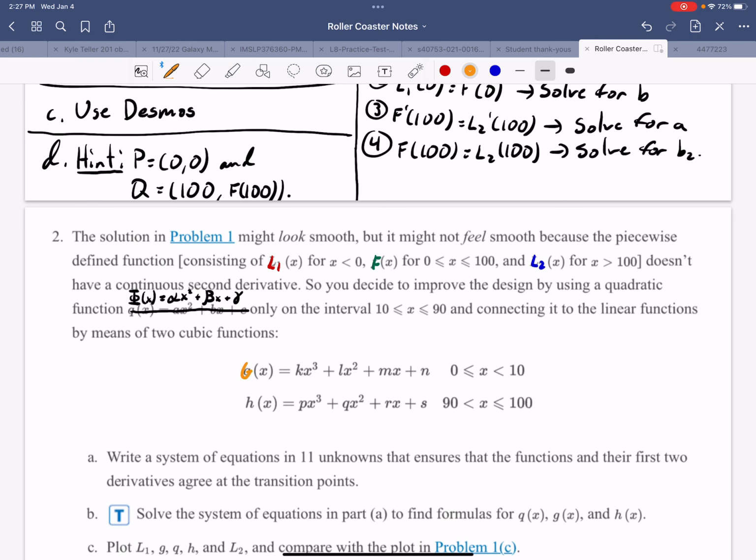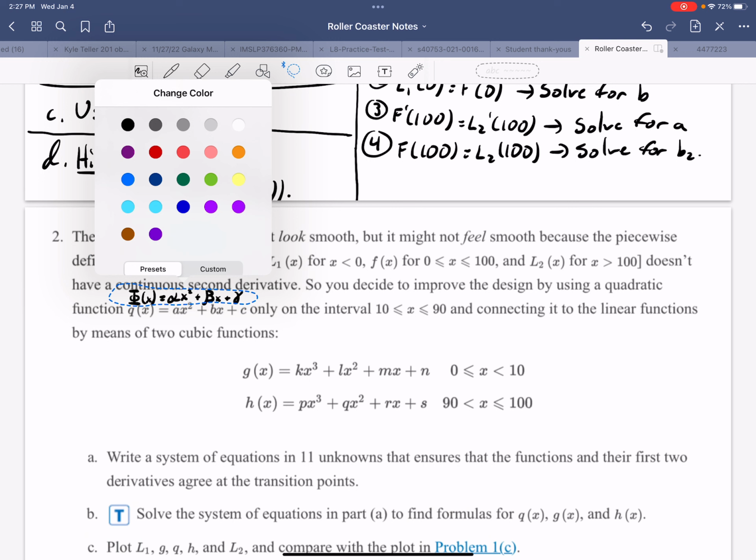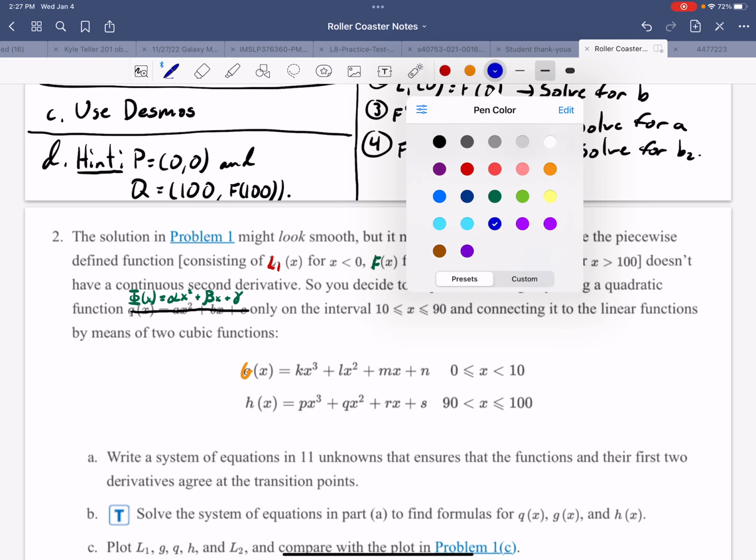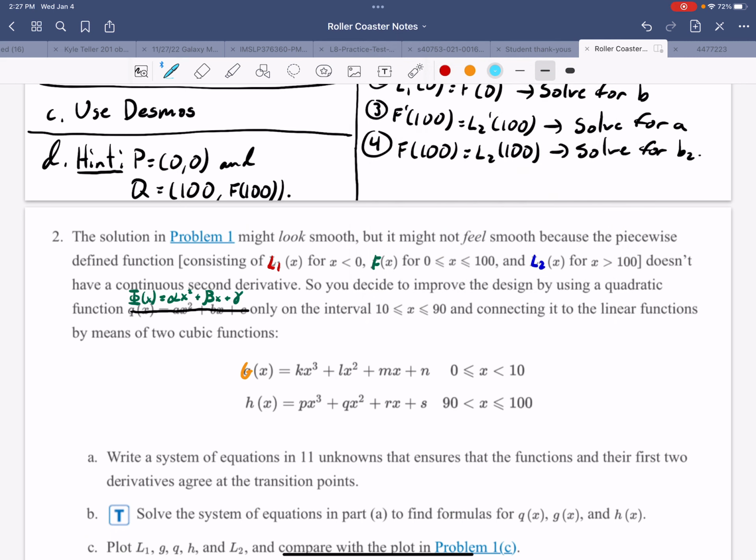Actually, I really should have phi be in green because that's going to be our new f. And then h, I guess we'll make it light blue of sorts.